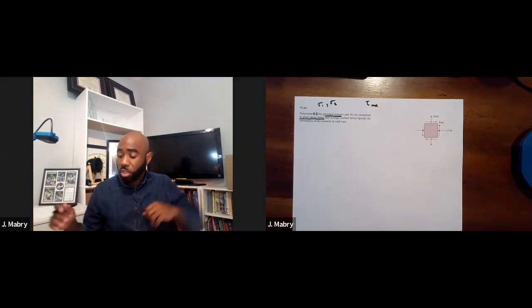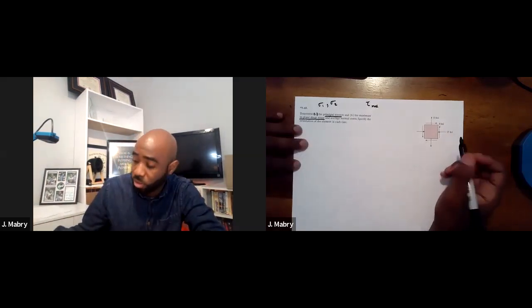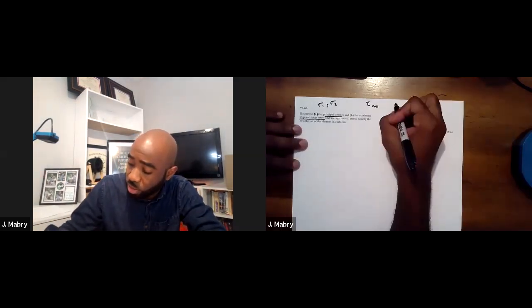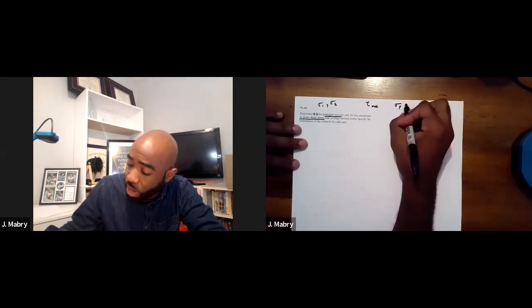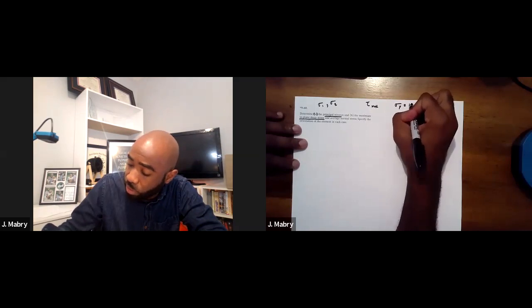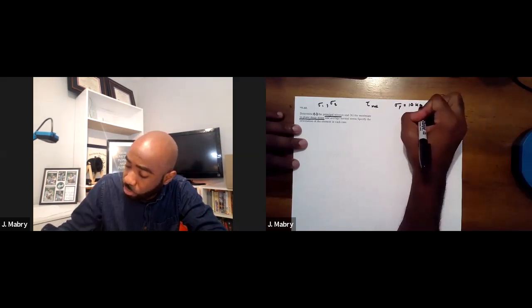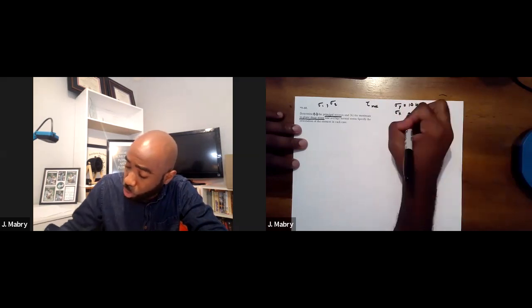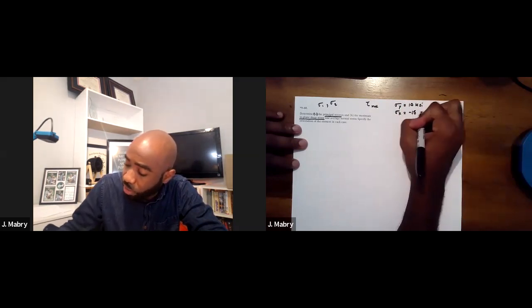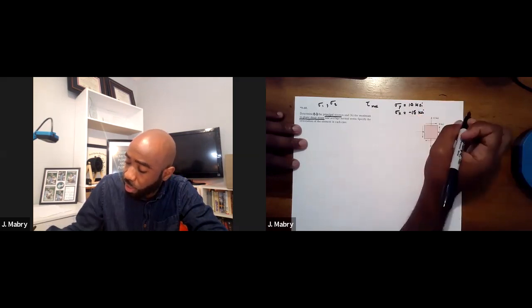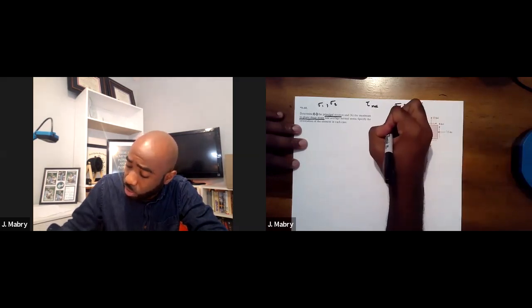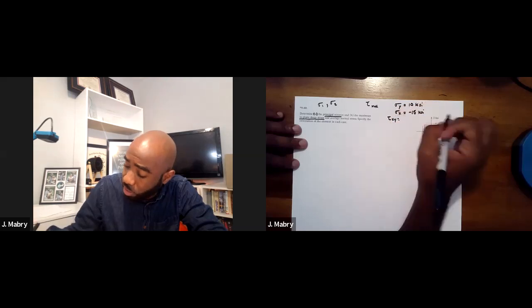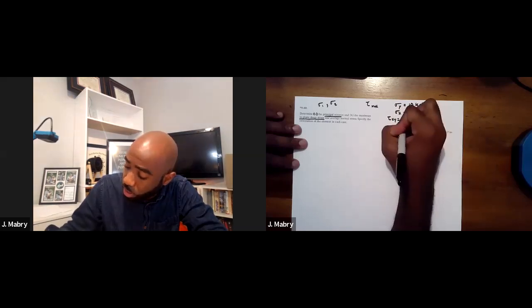But now let's start things off here, looking at this little stress cube, where we have sigma sub y equal to a positive 10 KSI, sigma sub x equal to a negative 15 KSI, and then tau sub xy equal to 8 KSI.